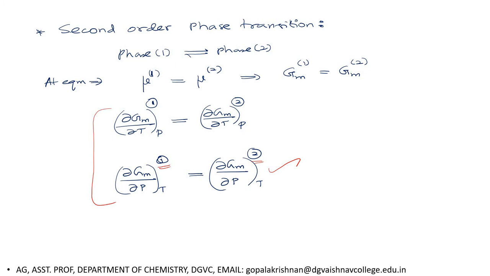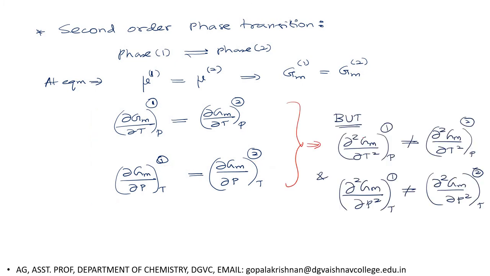But the second derivative, ∂²G/∂T² at constant pressure for phase 1 and ∂²G/∂T² at constant pressure for phase 2, these two are not equal. So for second order phase transition, first derivatives are equal but second derivatives are not equal. What does this indicate? Similarly, ∂²G/∂P² at constant temperature is not equal for the two different phases.